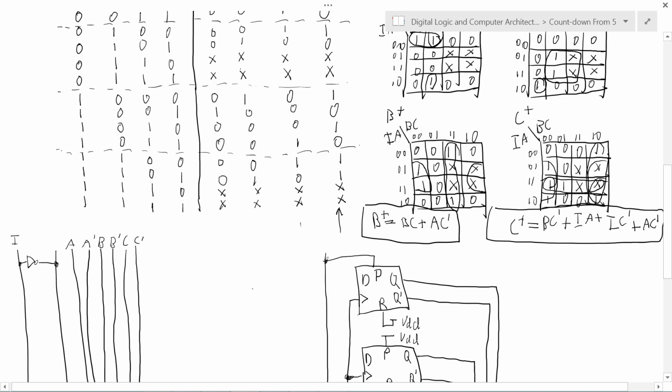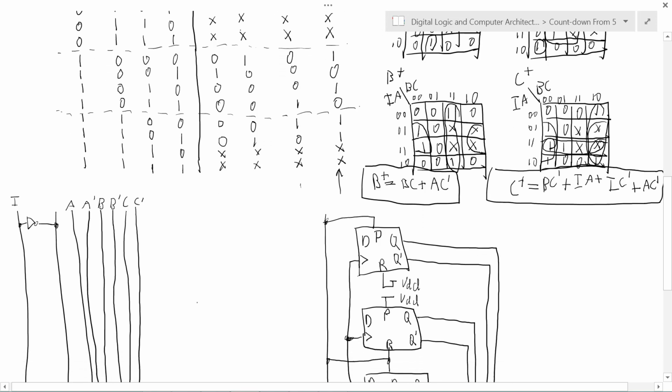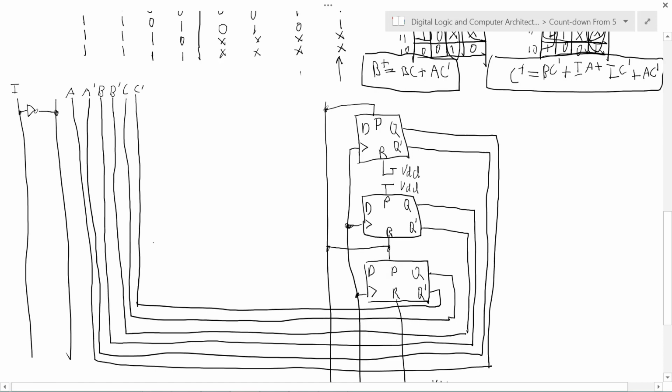So we need B and C prime. So we will take B, C prime. So C prime, C, B prime, B, and C prime. We'll need another AND symbol for I ANDed with A. I ANDed with C prime.